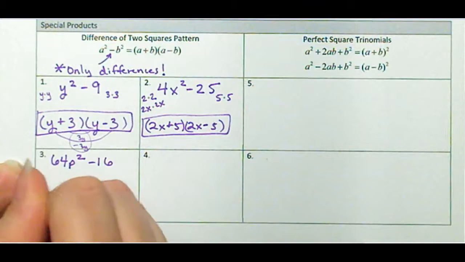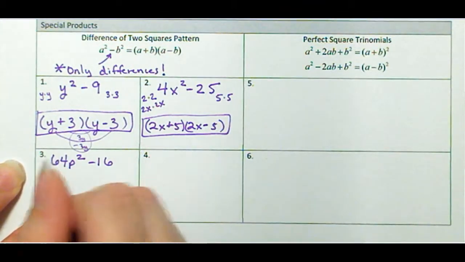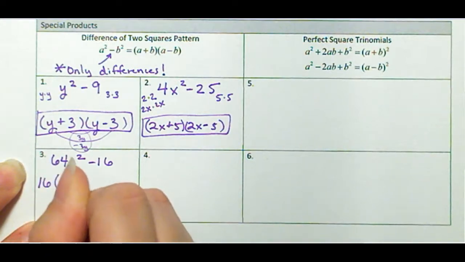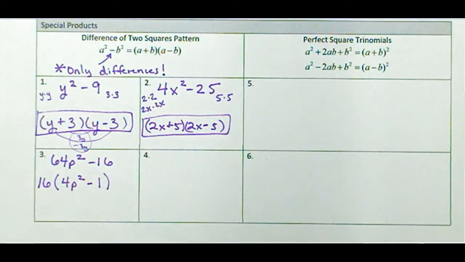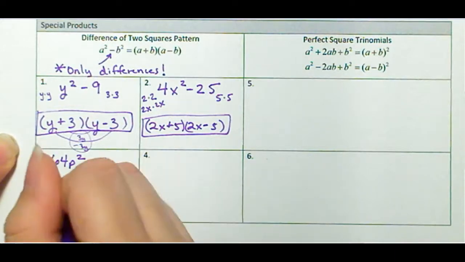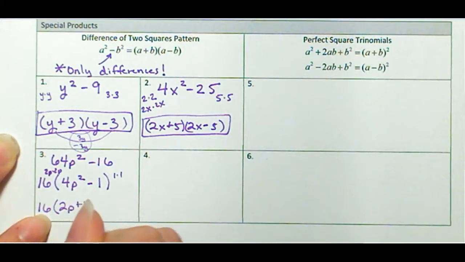So a 16 comes out, and that leaves us with 4p squared minus 1. Now these are still differences of perfect squares, they're just a lot smaller. 4 is 2p and 2p, and 1 is 1 and 1. Remember, 1 is a perfect square. So this is going to factor into 16 times 2p plus 1 times 2p minus 1.